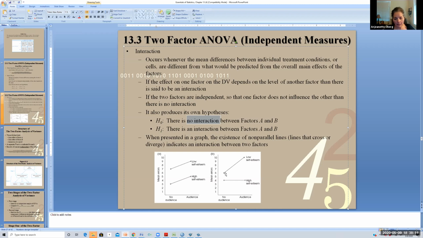It's saying, wait, in this case, look at the no audience, they seemed pretty similar. They weren't very different. But all of a sudden, with the audience, low self-esteem mattered. It made a huge difference, and they made significantly more errors than the high self-esteem.